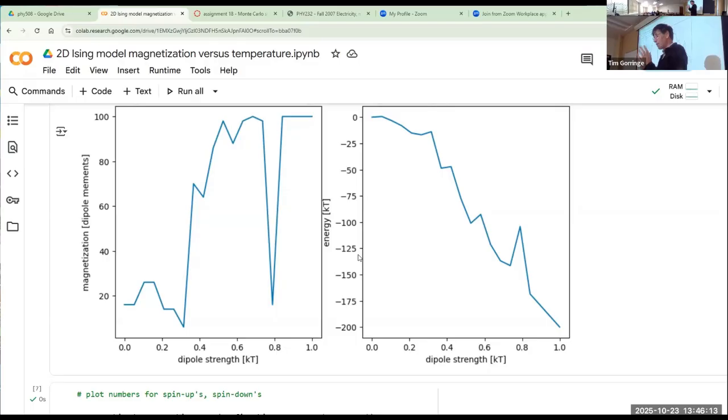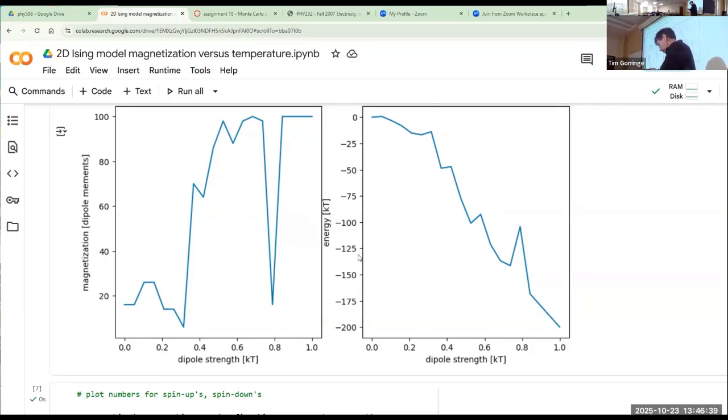So with this rather simple Monte Carlo and this rather simple procedure, you can explore a lot of complex physics that is not, for sure in 2 or 3 dimensions, amenable to analytical calculation. So that's really one of the powers of the Markov chain Monte Carlo method for this Ising model or other models.